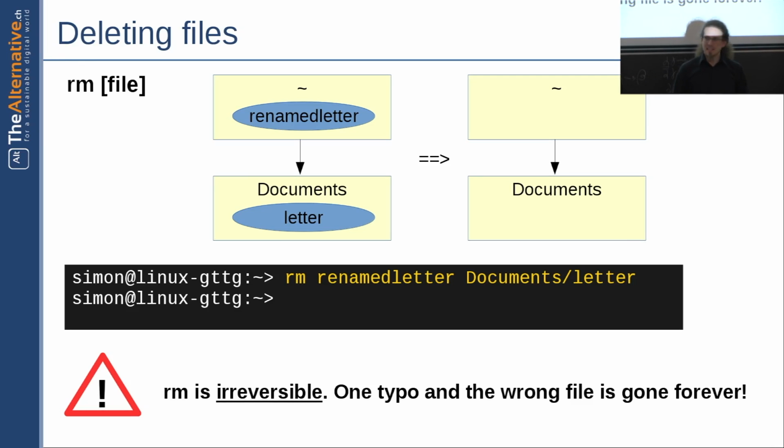There are systems that ask you if you really want to remove, for example, hidden files or write-protected files, but normally it's just gone without asking. Because if you use the command line, it's assumed you're careful and you know what you're doing.